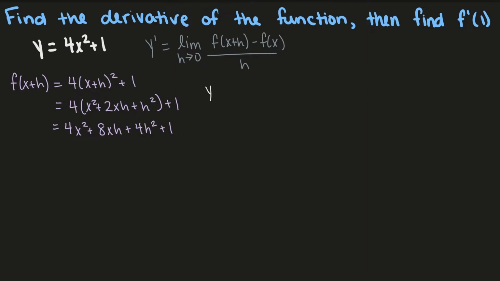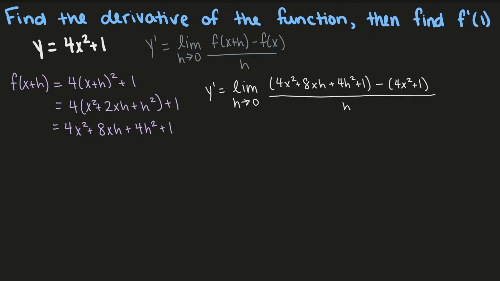So y prime is going to be equal to the limit as h goes to 0 of f of x plus h, which is 4x squared plus 8xh plus 4h squared plus 1, minus f of x, which is 4x squared plus 1, all over h.